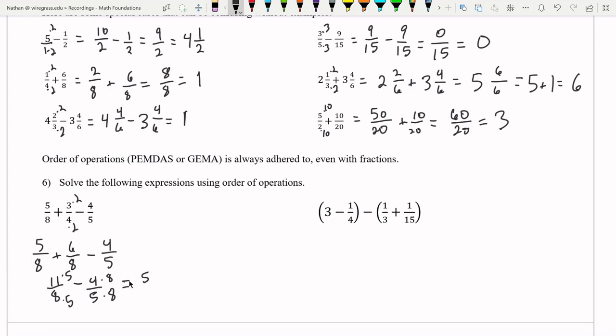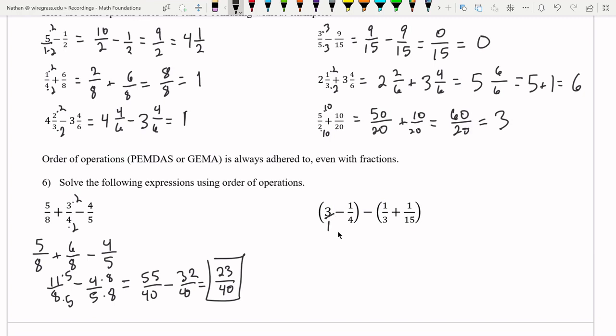I get 55 minus 32, and that's going to give me 23 over 40 as my solution. So no need to change to a mixed number. We didn't need a mixed number in the end anyway, so we can just save some time by leaving them as improper fractions.